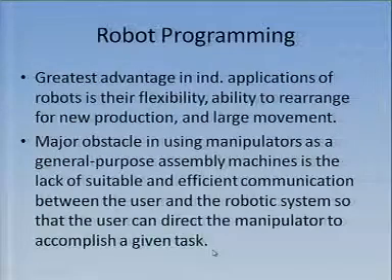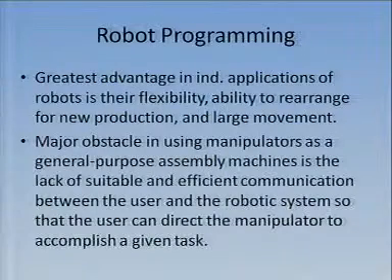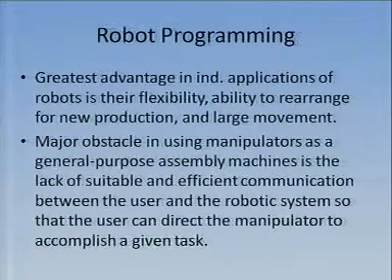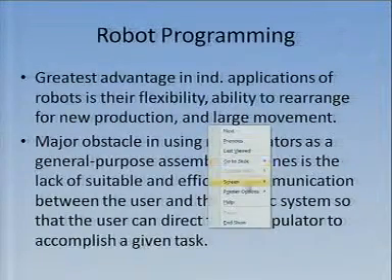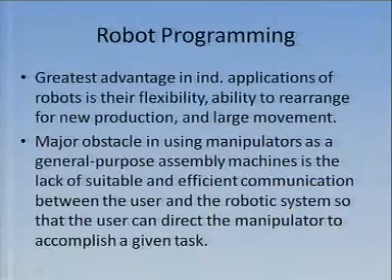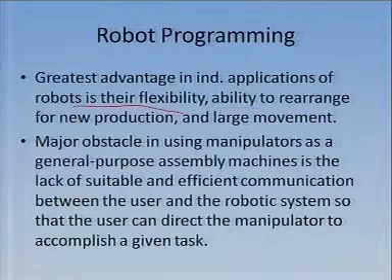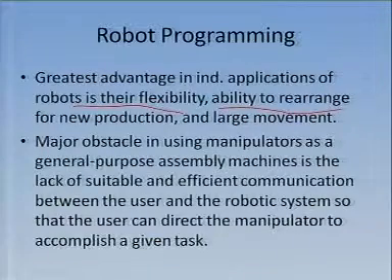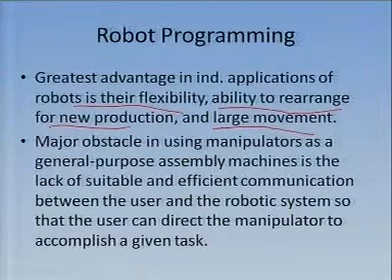So, now who will do this communication, for which we need robot programming. Okay. And this is one of the greatest advantages of using a robot, because we can use a program to control. So, the greatest advantage in industrial application of robots is their flexibility, the ability to rearrange for new production, and large area coverage of movement.